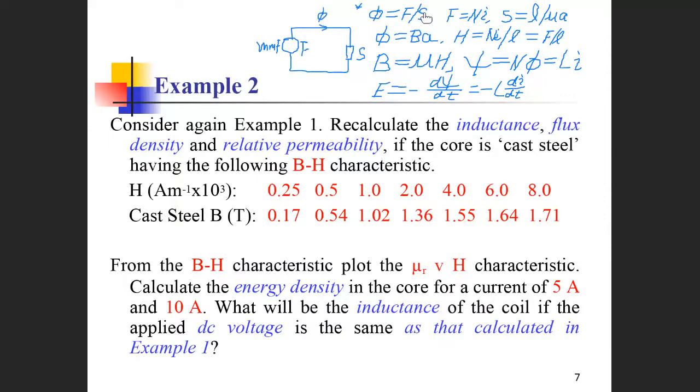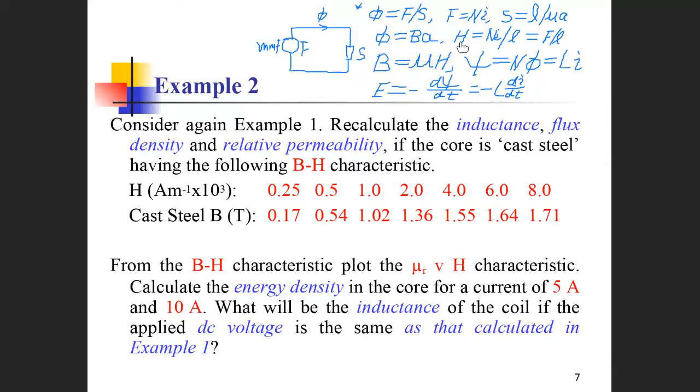Then the total flux in the coils can be estimated using phi equal to B times S. Furthermore, the flux density inside the coils times the cross-sectional area of the coils is the total flux, which is easy to understand.